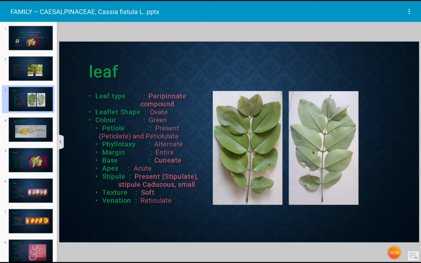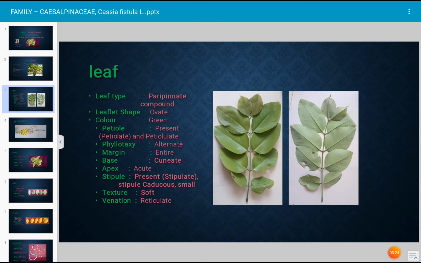This is the leaf of Cassia fistula, family Caesalpiniaceae. The leaf is compound, a paripinnate compound leaf. The word paripinnate is used when there is an even number of leaflets present in the compound leaf.